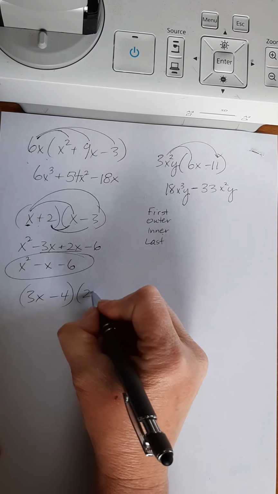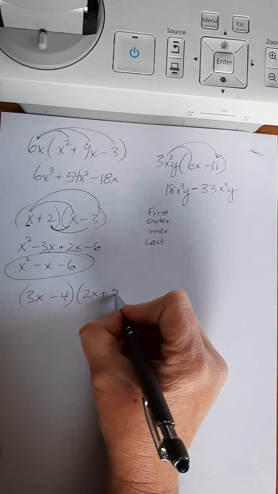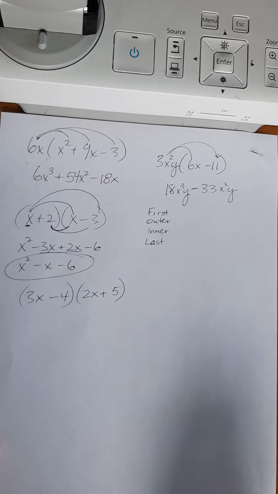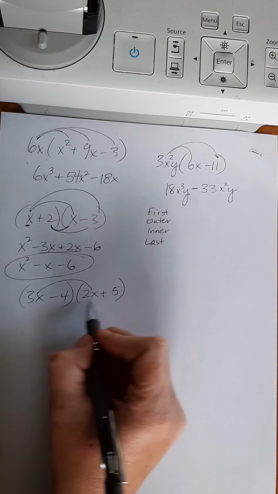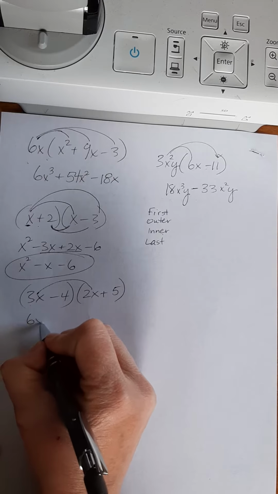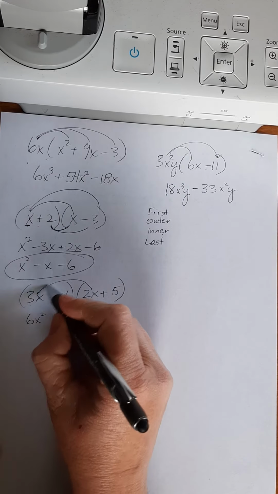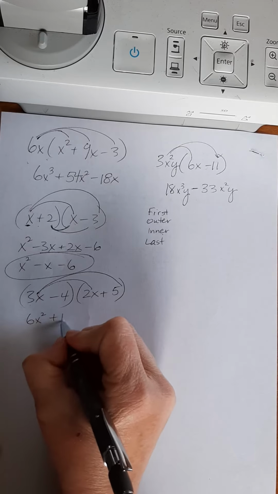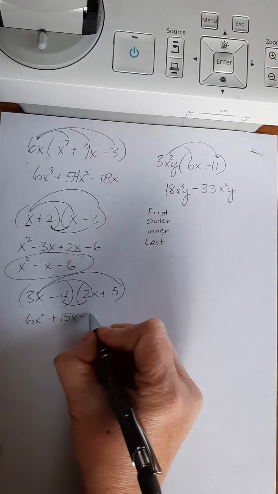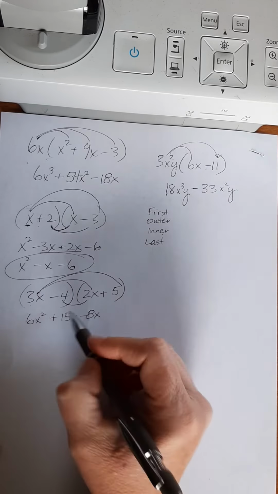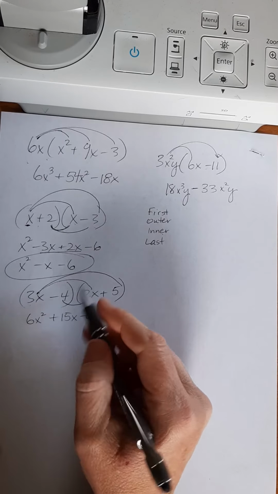Let's do another one. Let's throw in some coefficients up there. Let's say something like this. First terms, 2x times 3x, 6x squared. Outer terms, 15x. Inner terms, -8x.